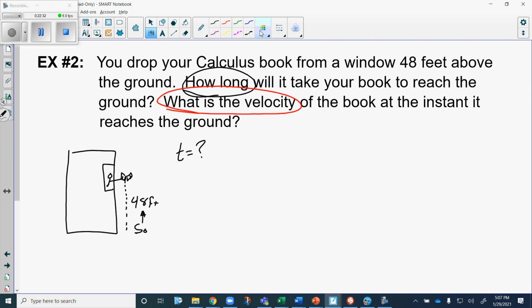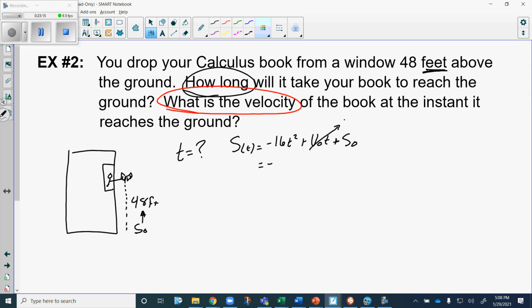So the position function, s of t. Because the constant for gravity, in this case they're giving us it in feet, I'm going to use 32 feet per second squared for the acceleration due to gravity. So in this case, negative 1/2 of 32 will be negative 16t squared plus the initial velocity, v naught times t, plus the initial height, s naught. Well, in this case, we know the initial velocity is 0, because if you're just holding it above the ground, the initial velocity is 0.